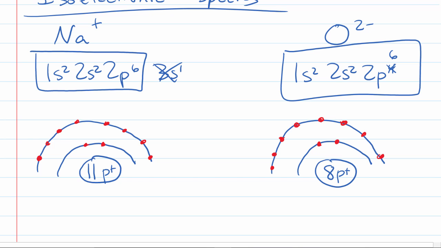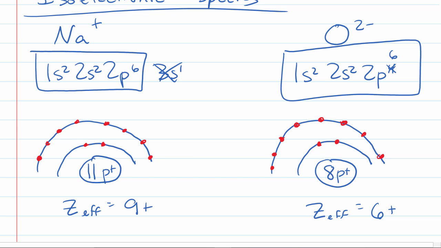It's going to be 9 because we have 11 protons, and these outer level electrons are being shielded by 2 inner level electrons. So basically these two will cancel out the effect of 2 protons. So its effective nuclear charge here is going to be 9. So write it as 9 plus. The effective nuclear charge on the oxygen, or the oxide ion, is going to be 6 plus.